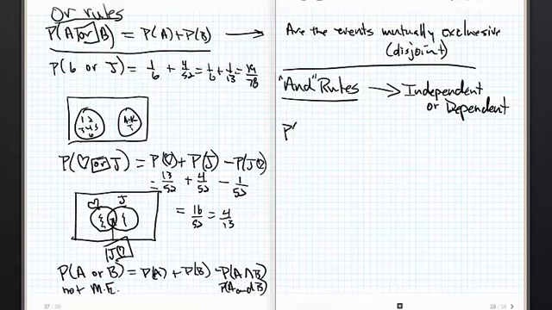I want to figure out the probability that I flip a head on the first coin that I flip. So I'm going to take a coin, I'm going to flip it 3 times. Okay? I'm going to flip a head on the first coin, and I'm going to flip a head on the second coin, and I'm going to flip a head on the third coin.